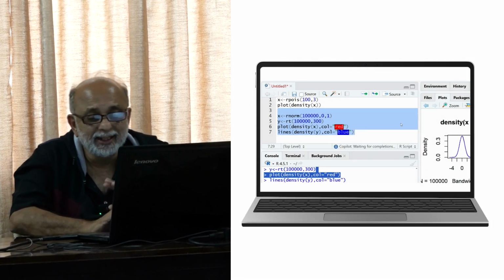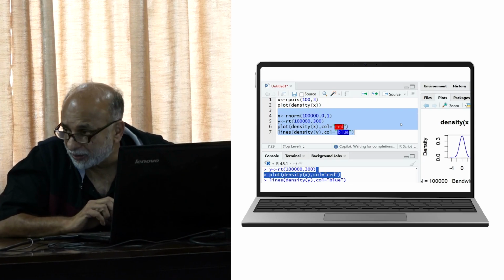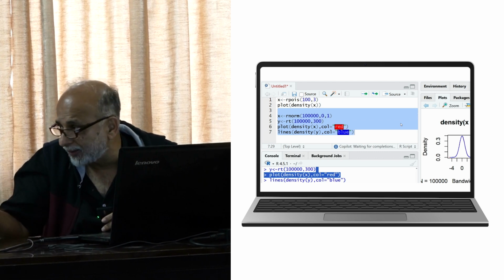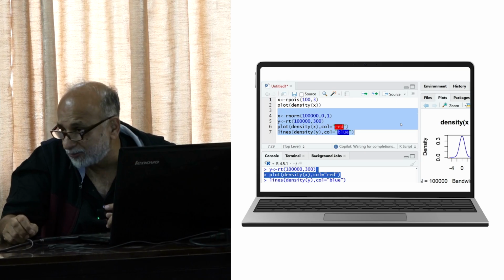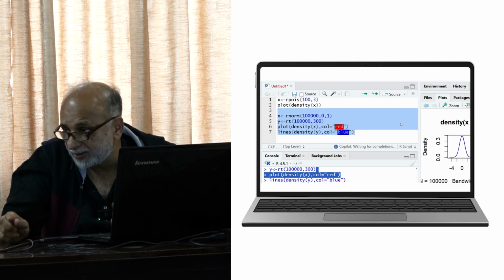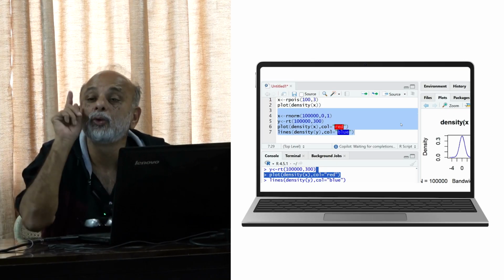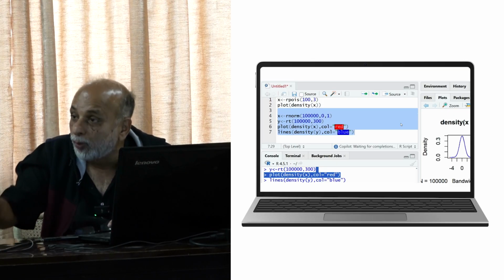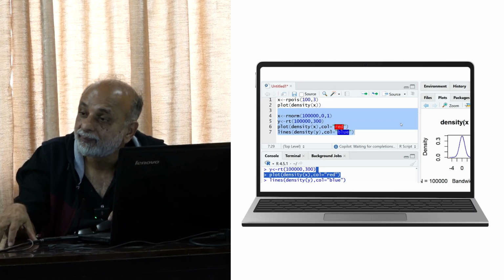So basically, 4 distributions we learned today. Standard normal: tell me, when do you use the standard normal distribution, the Z distribution? When we want to test an unknown population mean, when the population variance is known. When do you use the chi-square distribution?